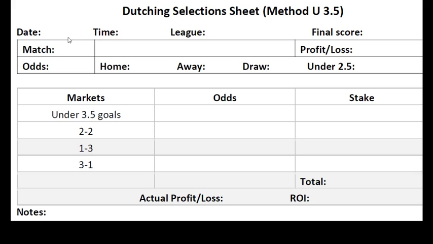So on this sheet we've got the date of the match, time of the match, the league, space for the final score. Got a box here so you can put in what the teams are, profit/loss, hopefully you'll always be putting profits in there. We then record the home odds, the away odds and the draw odds for the team, and the under 2.5 odds.